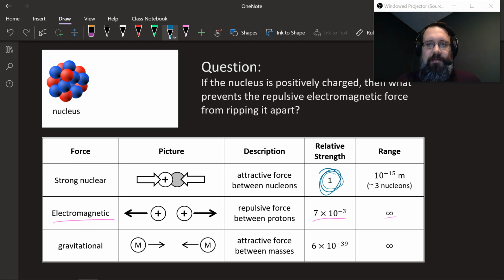The strong nuclear force is the strongest force in nature. And then you can see where gravity stacks up here. I always tell you guys that gravity is an incredibly weak force. You can only notice it when you have huge masses involved. If you calculate the gravitational attraction between two protons, it ends up being a ridiculously small number. So it can't be gravity that's holding the nucleons together.